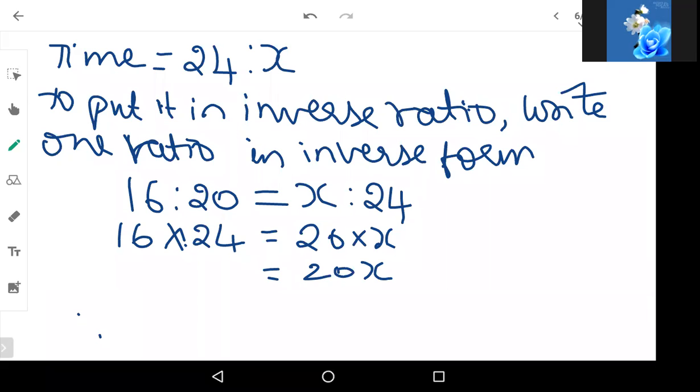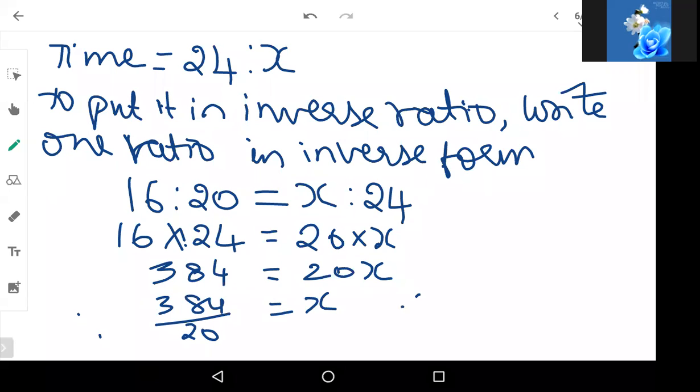Who can say me the answer? Okay, 384. Thank you. Yeah. So 384 by 20 is equal to x. So therefore, x is equal to 19.2 hours. Let us not write any unit yet. It is just 19.2.